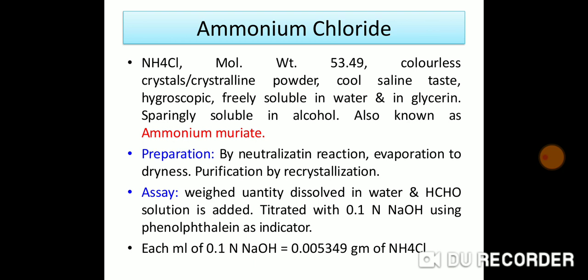Ammonium chloride, molecular formula NH4Cl, molecular weight 53.49 gram. Properties: it is colorless crystals or crystalline powder, having a cool and saline taste, hygroscopic in nature, that is, having a tendency to absorb moisture, freely soluble in water and also freely soluble in glycerin, sparingly soluble in alcohol, and it is also known as ammonium muriate.